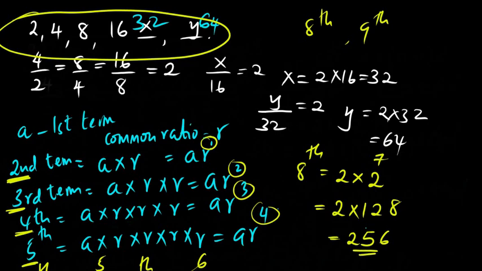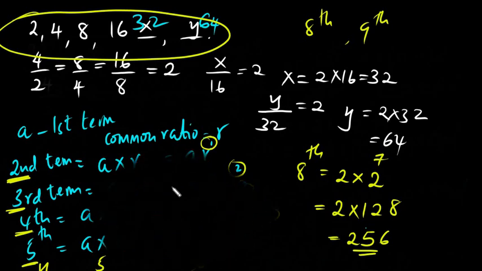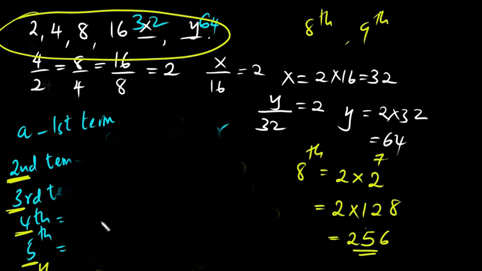And then to get the 9th term, okay, let me clear up some space here. To get the 9th term, it's going to be 2, which is A, times R, which is also 2, raised to power 9 minus 1, which is 8.